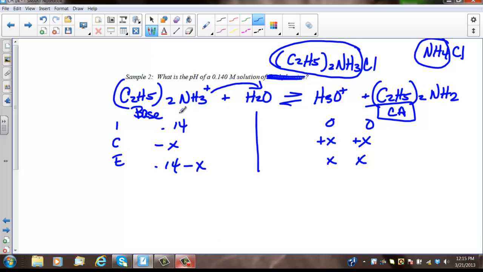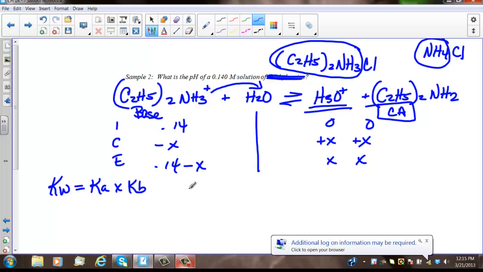So what we have to realize here is that we had initially a weak base with the anion of a strong acid. So this is going to be a slightly acidic solution, which we know it is because of the formation of H3O. We also know that Kw equals Ka times Kb.